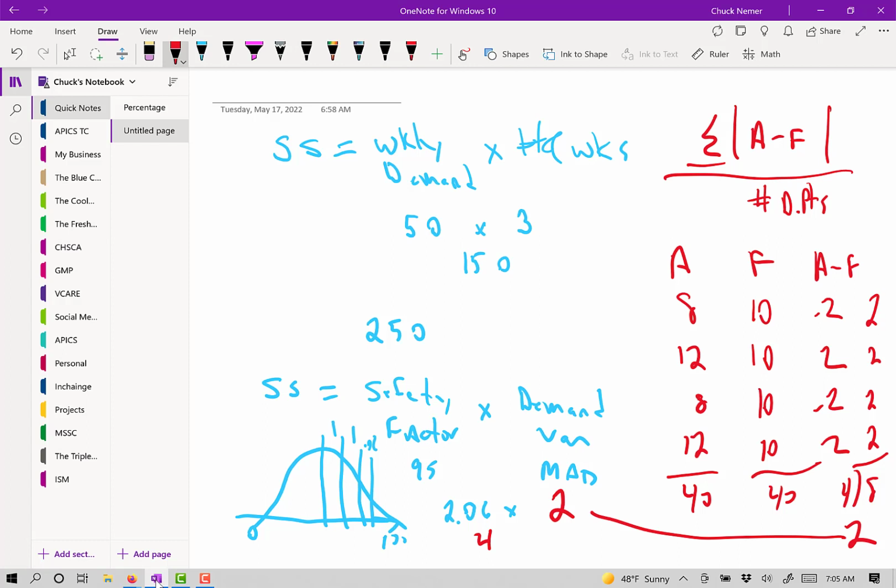I'm sure I've got it in my head, but I don't want to mess up the math doing it in my head. So 2.06 times 2 is 4.12. So whatever our average sales is, let's say our average sales is 10, we would add another 4.12, and that should cover 95% of the possibilities. And that's the math behind safety stock.